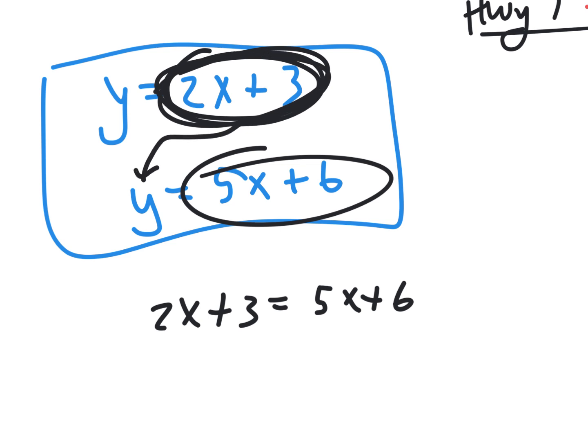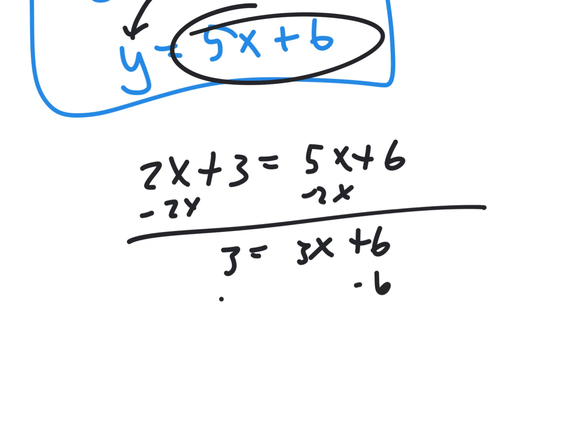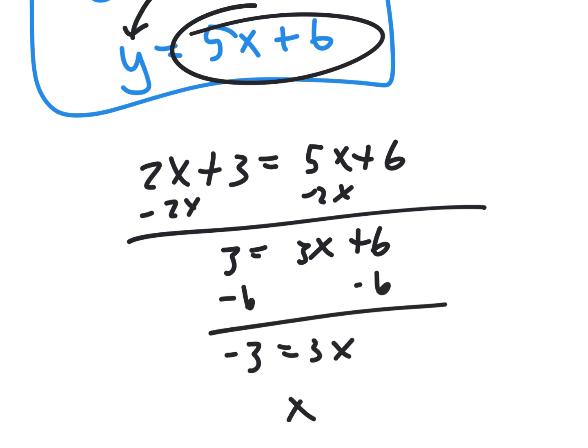See, now I got an equation. Now I can solve it. So I'm going to subtract 2x from both sides, and I get 3 equals 3x plus 6. Now I'm going to subtract 6 from both sides. Negative 3 equals 3x. What's x equal? Negative 1.